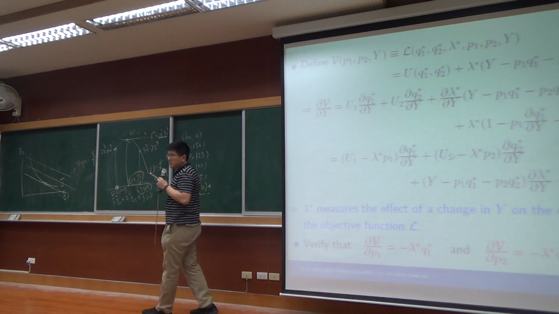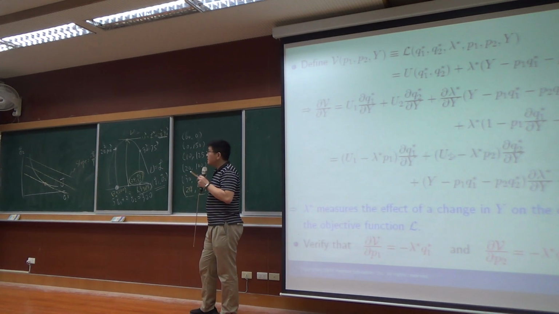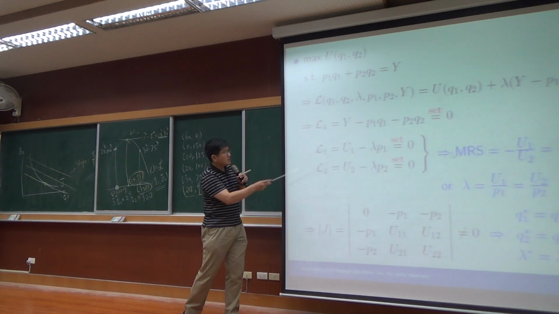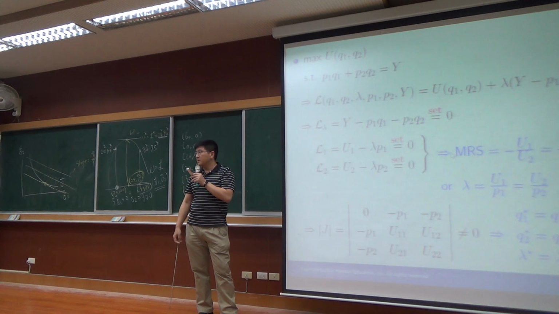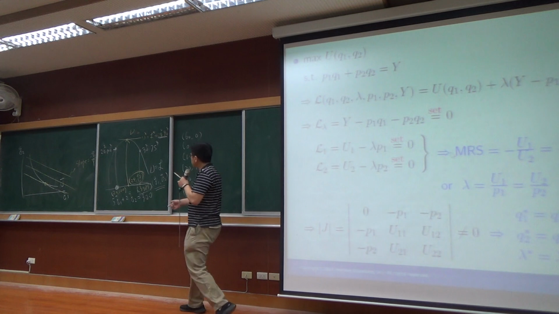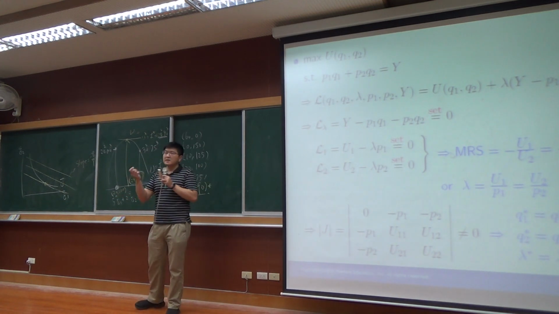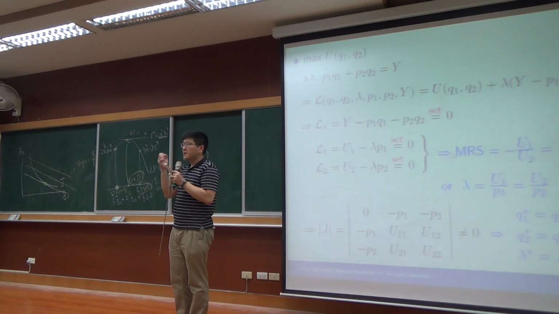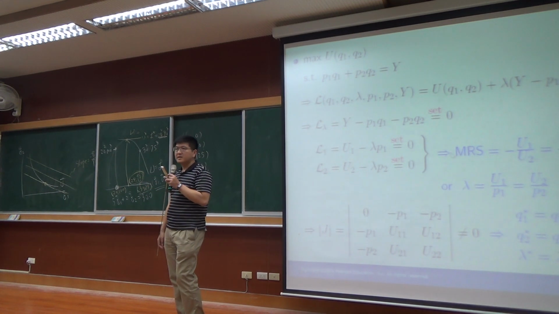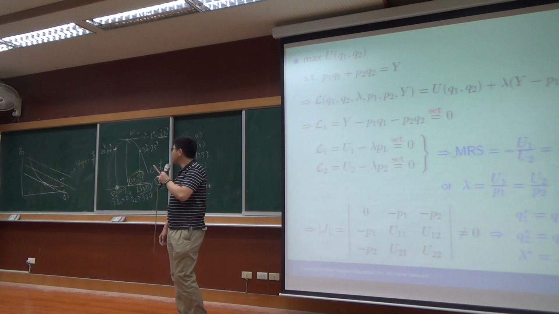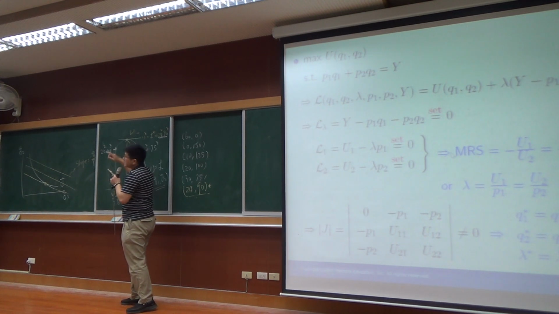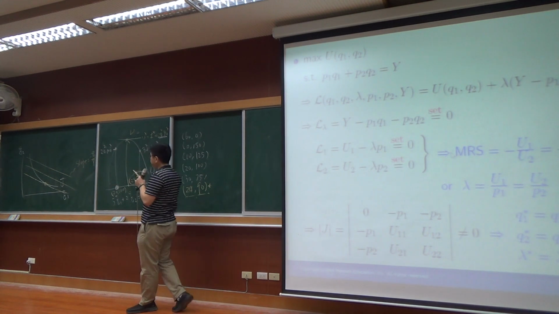This would be the highest because we have already solved using the first order conditions to find the optimal solution, and the optimal solution 24, 90 is something that can give us the highest level of utility. Is that clear? Okay. So nu is something we call the optimal level of utility.